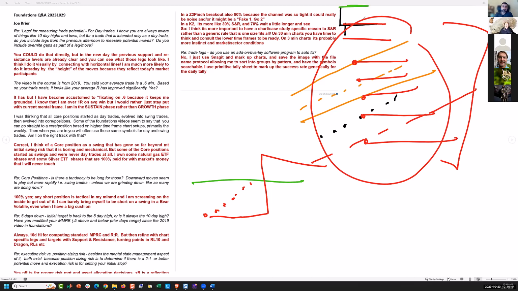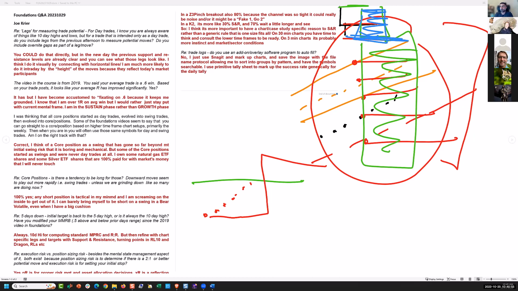So where the stop is, is a function of what that looks like and how much I'm giving back, how much I'm keeping, and how much I'm giving back compared to the maximum gain. So that decision is based on how much give back versus how much am I locking in.